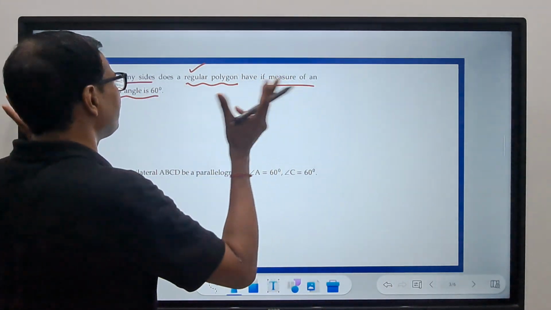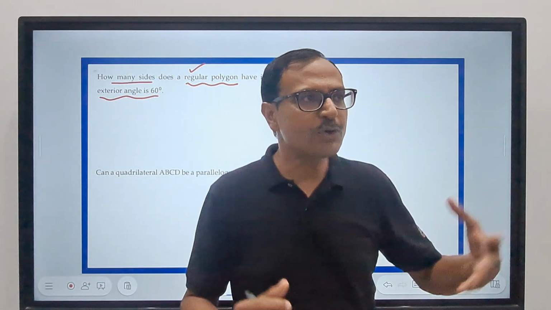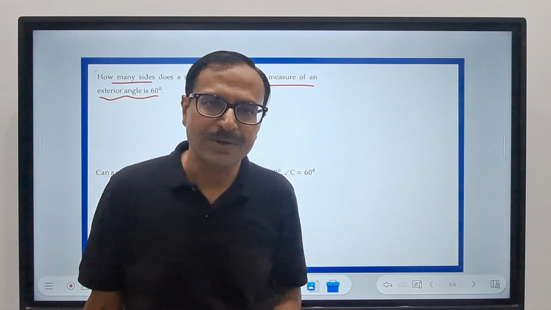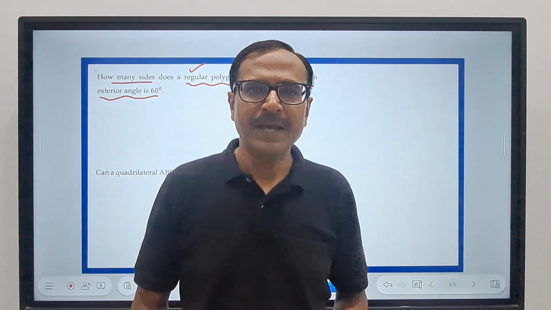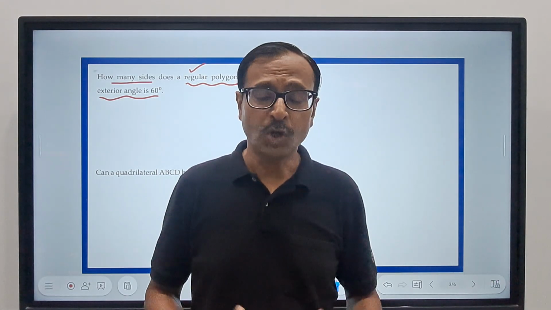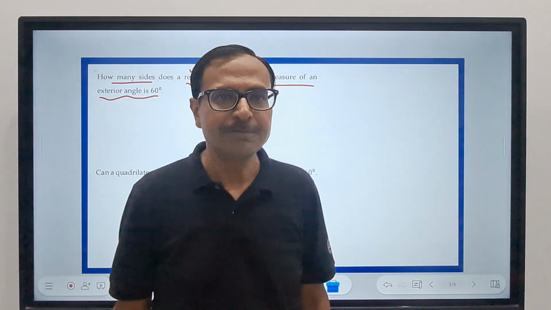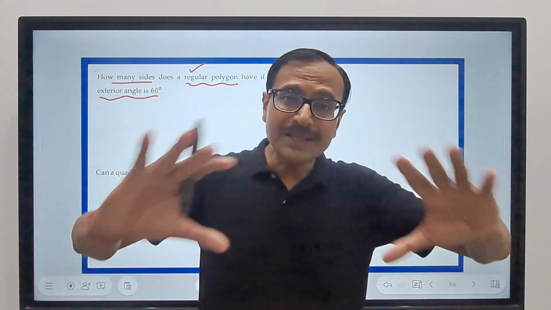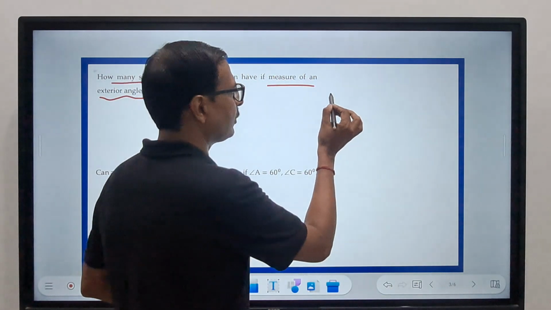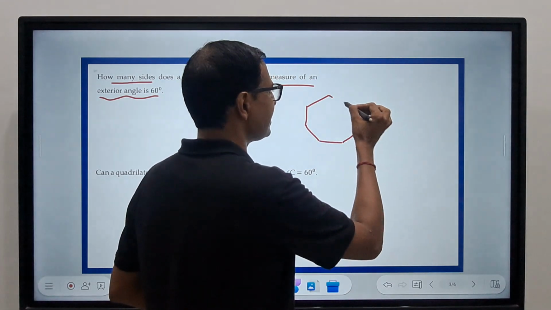Let it be any kind of polygon, whether it is a 3-sided polygon or a triangle, a 4-sided polygon or a quadrilateral, a 5-sided polygon which is a pentagon, heptagon 7-sided, nonagon 9-sided, or 20-sided, 25-sided. There is a common property in all the polygons. All the exterior angles, so let me make a polygon here, 1, 2, 3, 4, 5, 6 and 7 sides.